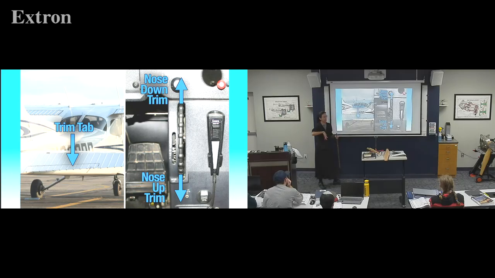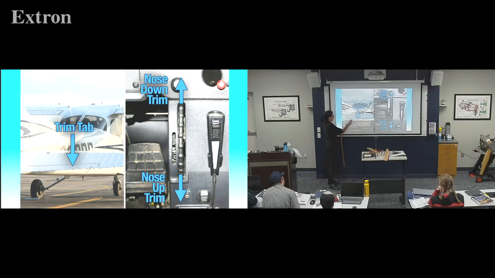The purpose of trim tabs is to relieve control pressure for the pilot. Once you have your yoke or stick where you want it, and you're in flight, you don't want to be hauling back the whole time or pushing forward. You want to trim off the pressure.